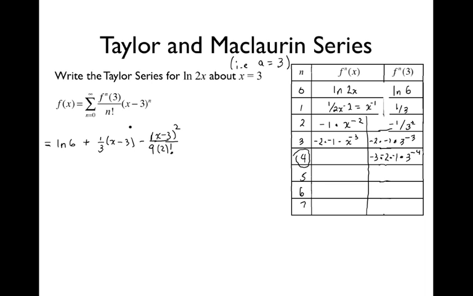So my negative 1/9, that was the second derivative evaluated at 3. There's my 2 factorial, x minus 3 squared. Plus, now it's going to be positive 1/27 over 3 factorial, times x minus 3 cubed.